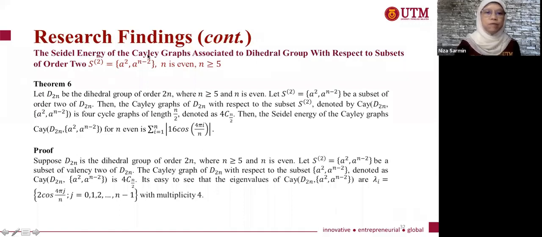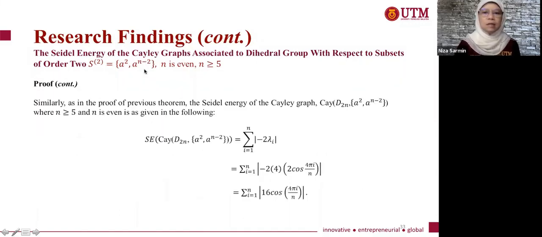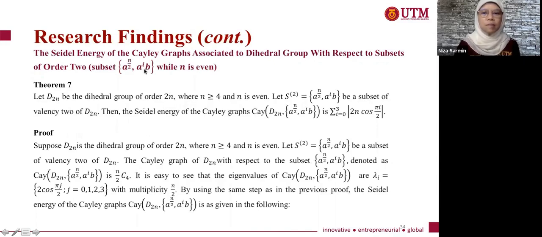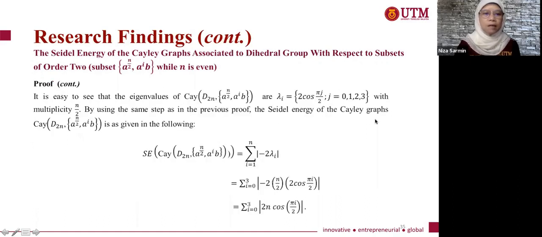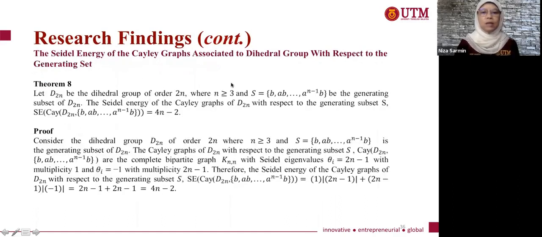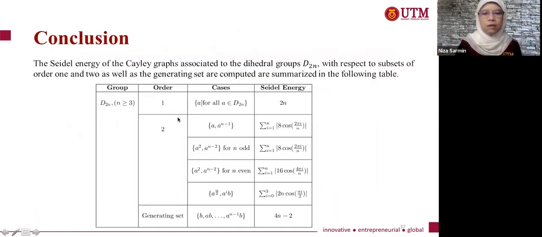This is the result for this particular set S. And when we have this type and n is even, we get this result for the Seidel energy. And when S is a generating subset, we have this for n minus 2.